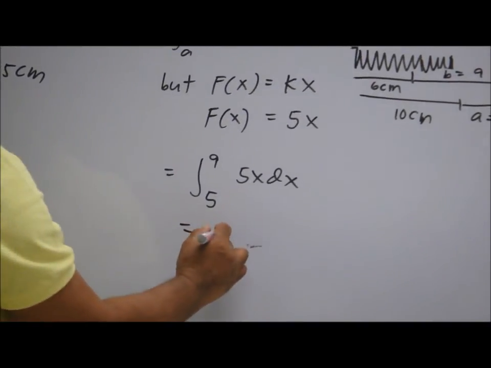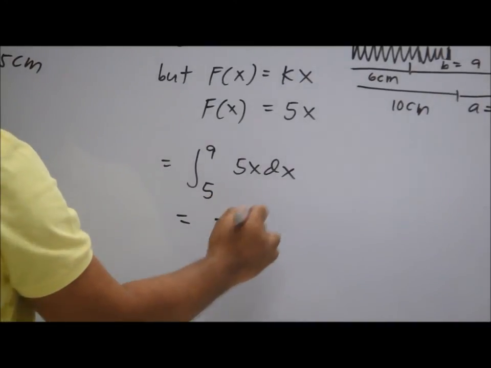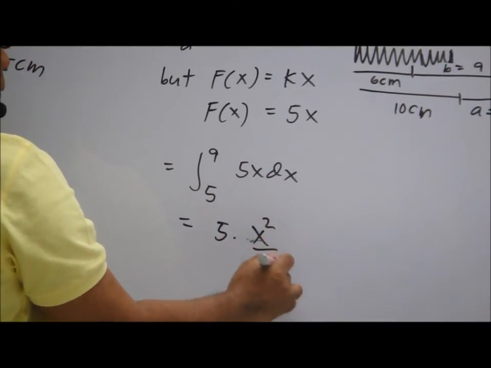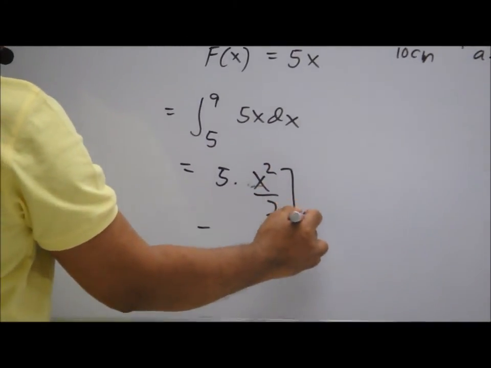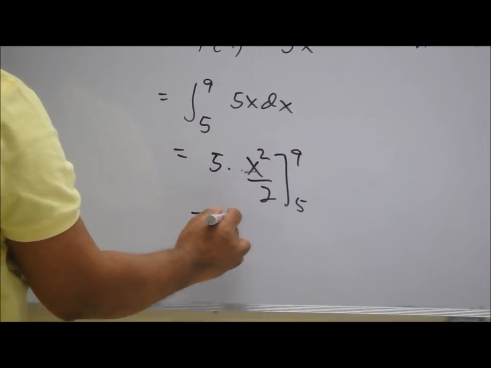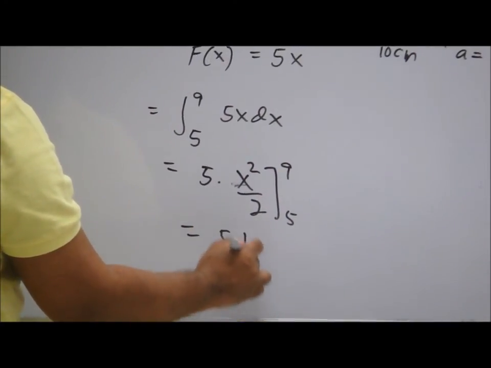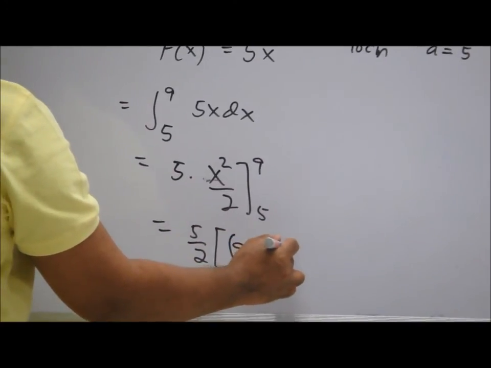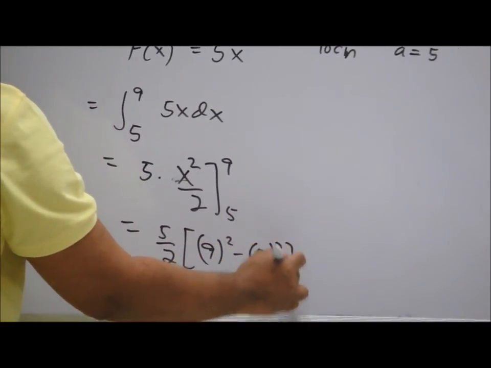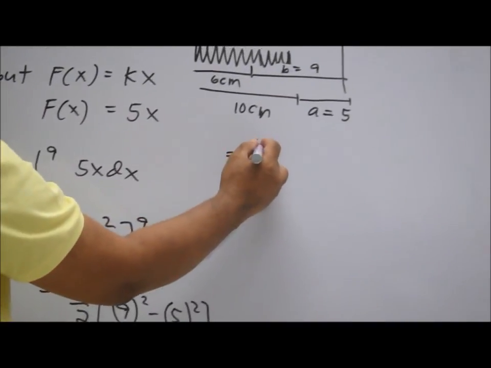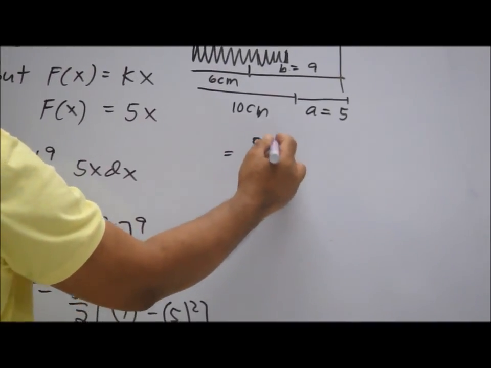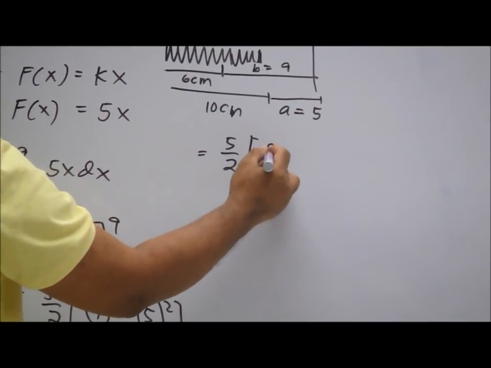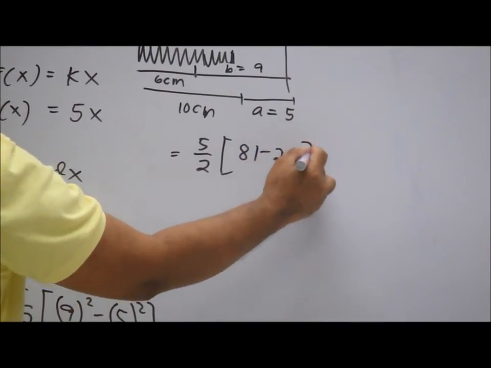So having this as 5, integrating x dx is x squared all over 2, or we can have this as 5 halves. Then apply the limits, that is 9 squared minus 5 squared. So we have 5 over 2 times 81 minus 25.